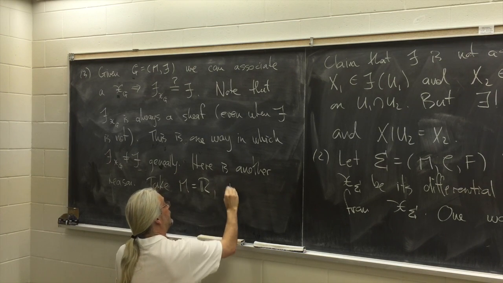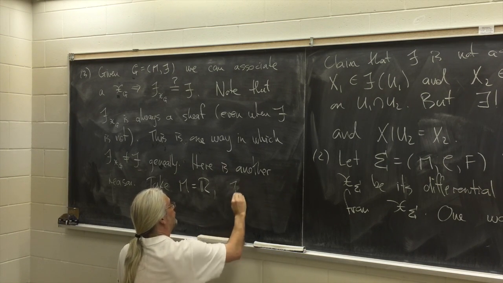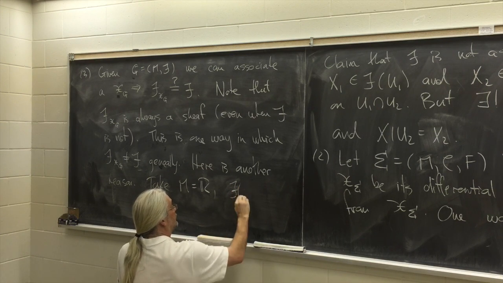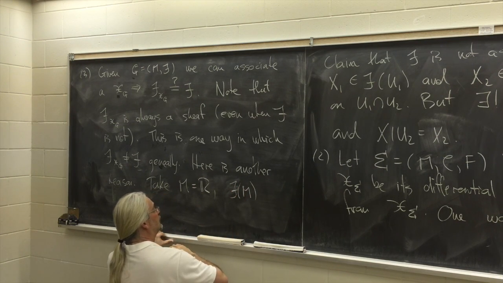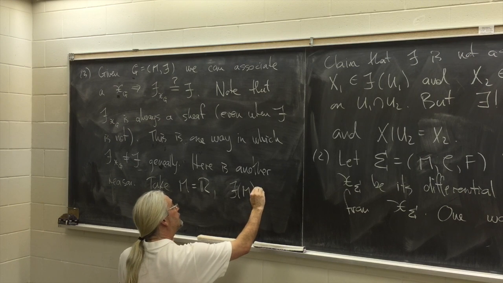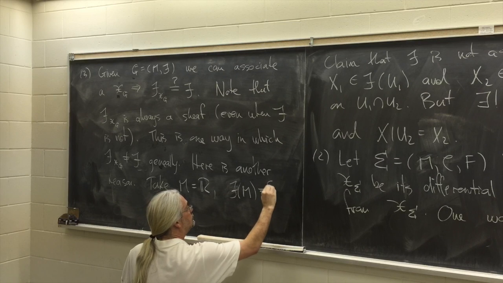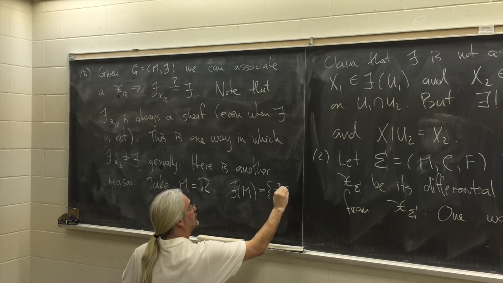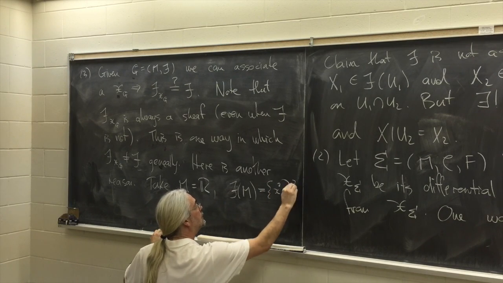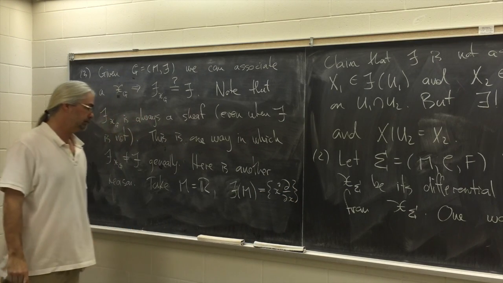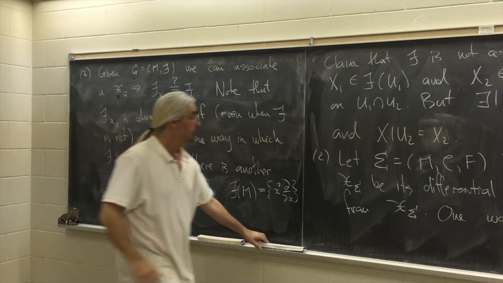We're going to take F of M. Okay, so we're going to define a global generator for this presheaf, and this is going to be this vector field.